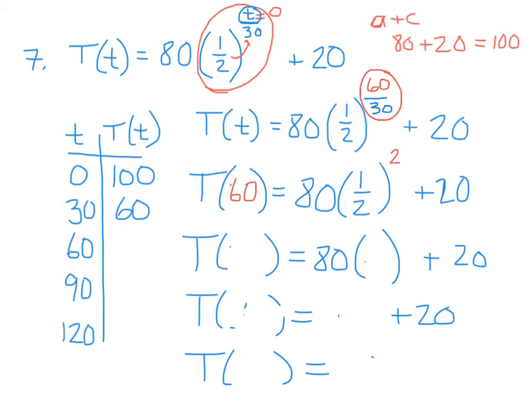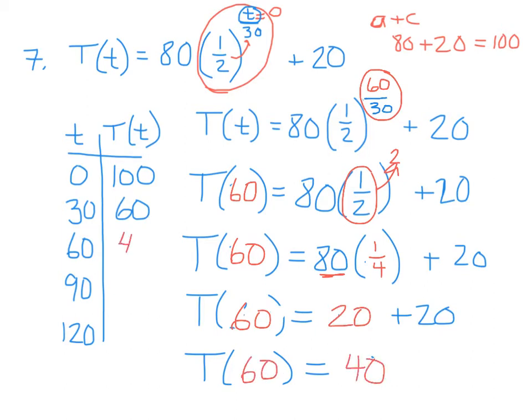Of course, I don't need a calculator, because this will be 80 times half to the power of 2, which is half times a half, a quarter. And a quarter times 80 is 20, and so 20 plus 20 is 40. So this is 40. Now I'm going to continue doing this. I'll let you figure it out in a couple minutes, but I'll give you the solutions for 90 and 120.